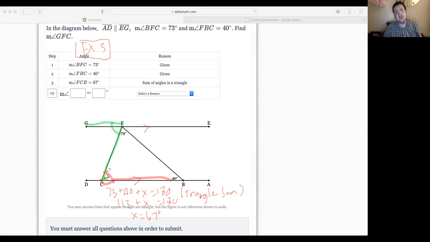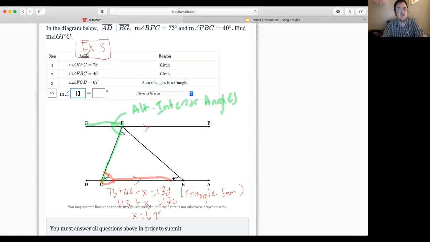And both of them are inside of the parallel lines. So I noticed that we have alternate interior angles. So I could say then that GFC, which is the angle that they want us to find, also is 67 degrees, because angle FCB and GFC are alternate interior angles.